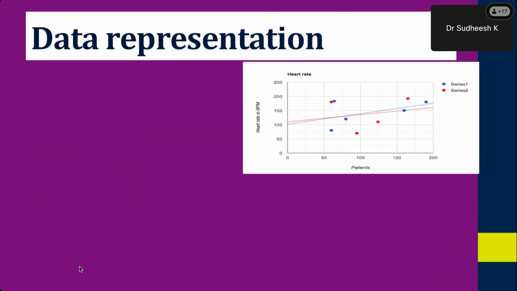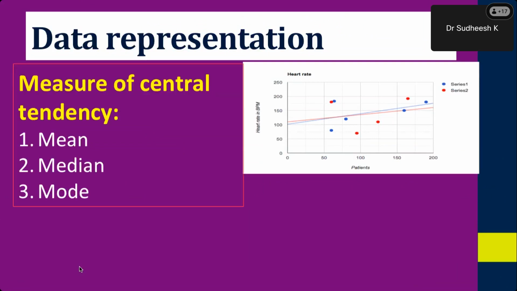As I told, the data can be represented in the form of a central tendency. Whenever we represent data, there are two things we represent: one is the central point, and the other is the dispersion or the variance. Now let us understand what we mean by a central point.